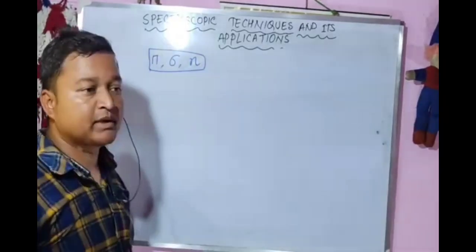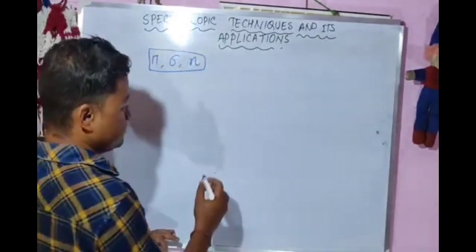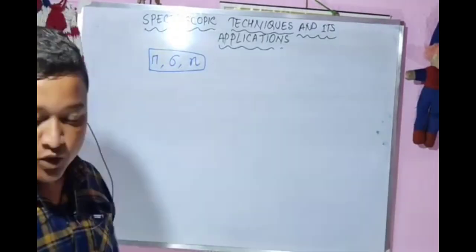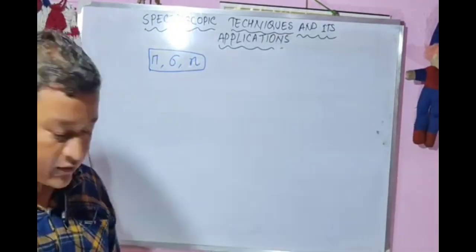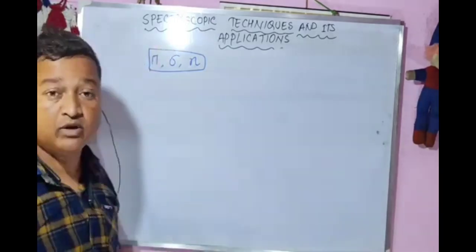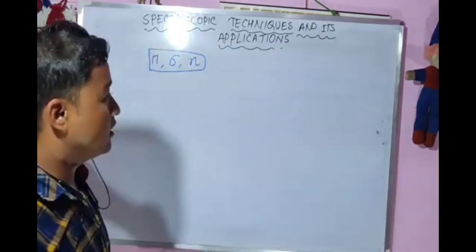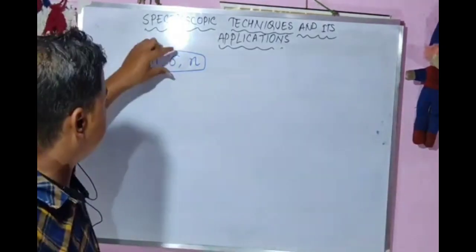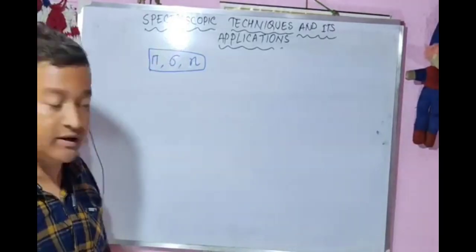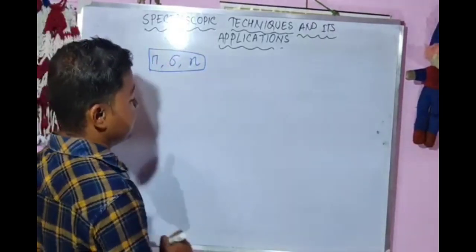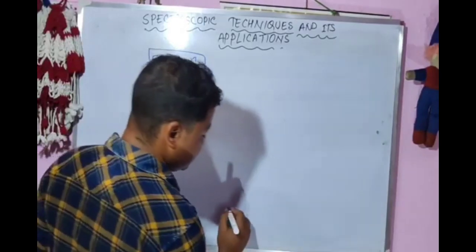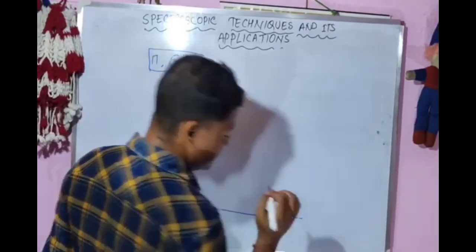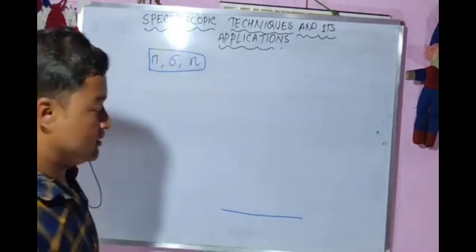So which type of transition occurs? The more stable electron is in the more stable bond. Which bond is more stable: sigma bond, pi bond or non-bonding? Sigma bond is more stable, so the energy of sigma electrons is less, that is more stable.